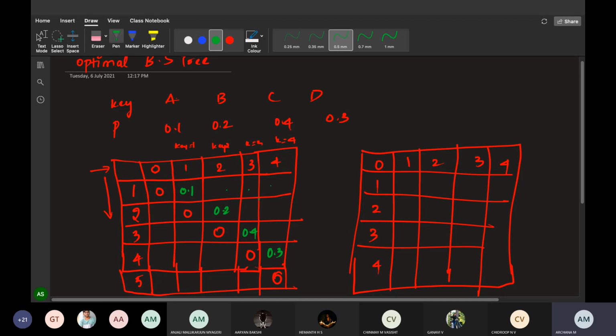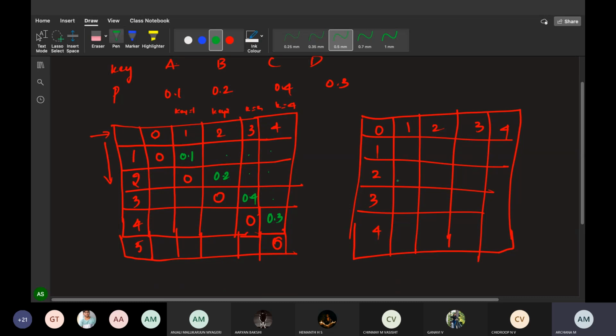Now the remaining values are pending, and based on these values we have to find them. That is very important. Let me erase this one.